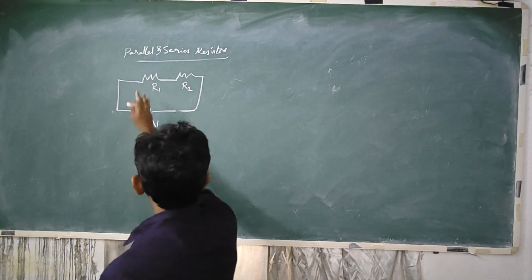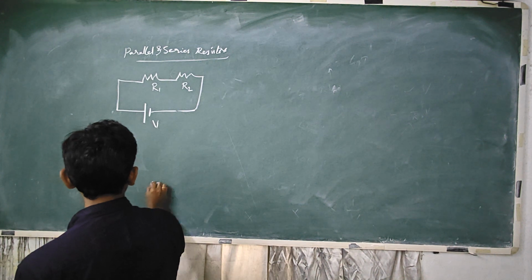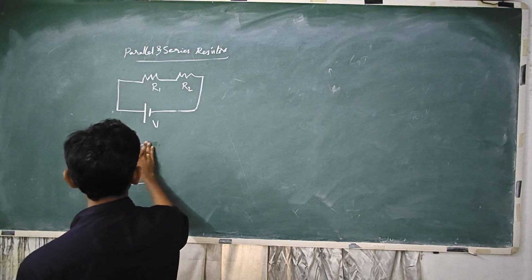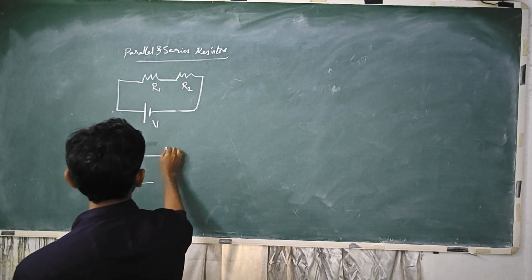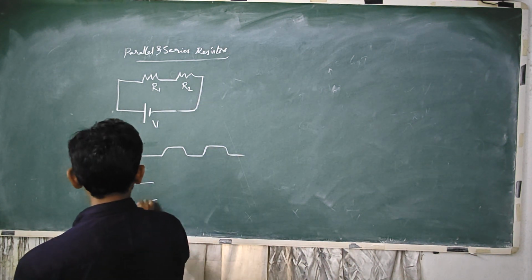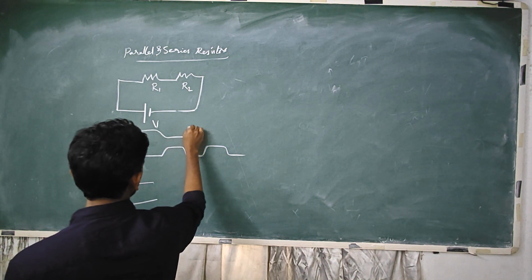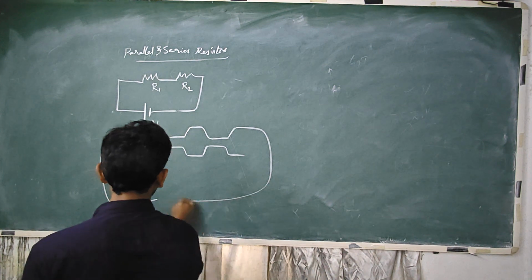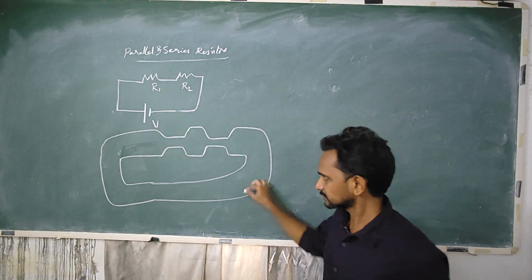So let's say there are 2 obstacles. So I can draw two tracks.